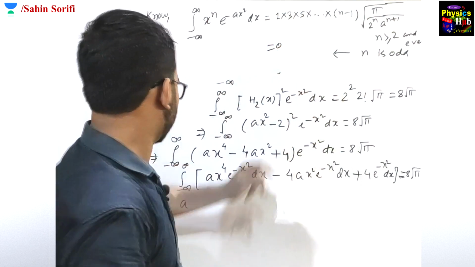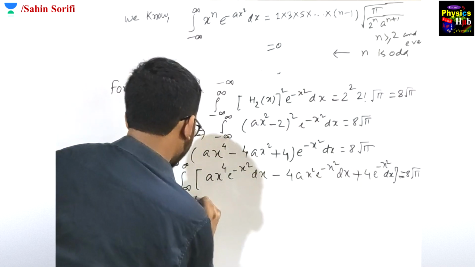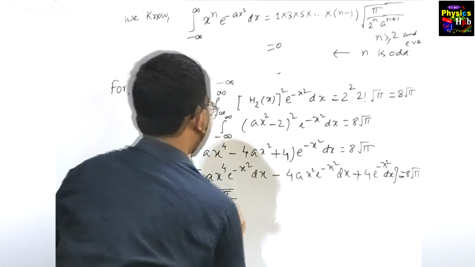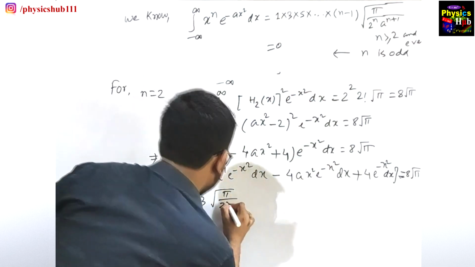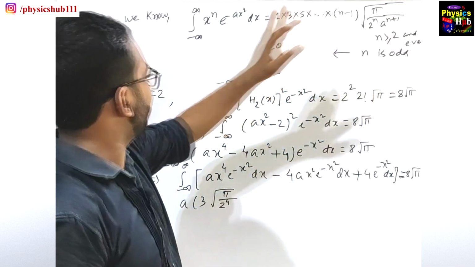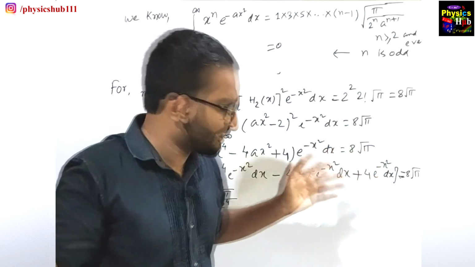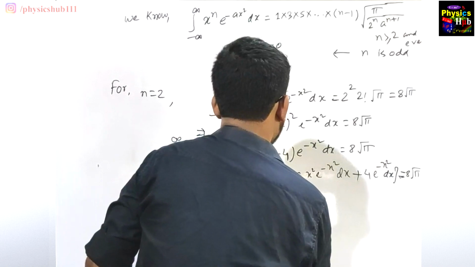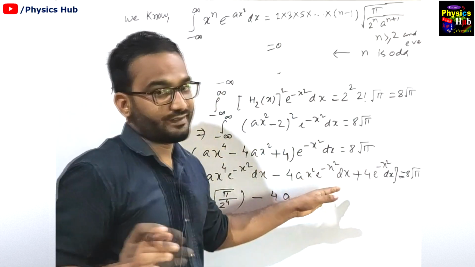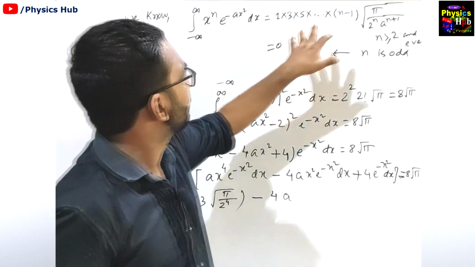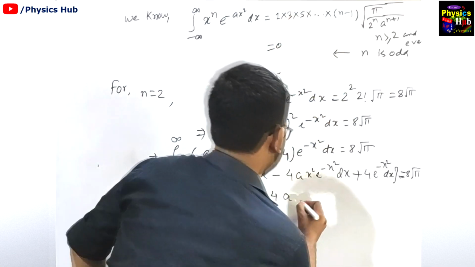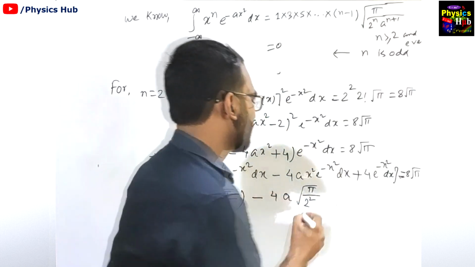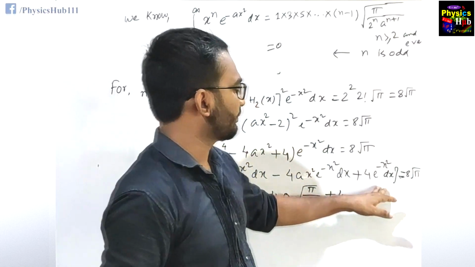So it will go up to 1 into 3, which is 3, then root pi divided by 2 to the power n. n is 4 here, so 2 to the power 4, and a to the power n plus 1, a is 1, so 1 to the power anything is 1. So this is the first term. Then minus 4a x² e^(−x²) dx: x² means n is 2, so this goes up to 1, so root pi by 2 squared, and that is 1, plus 4 e^(−x²) dx.